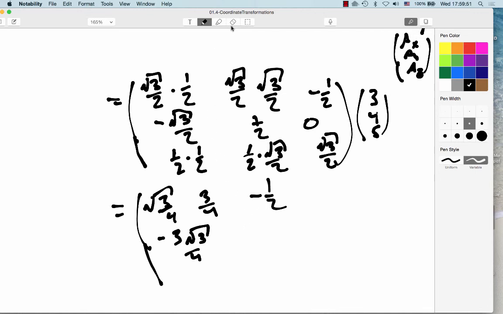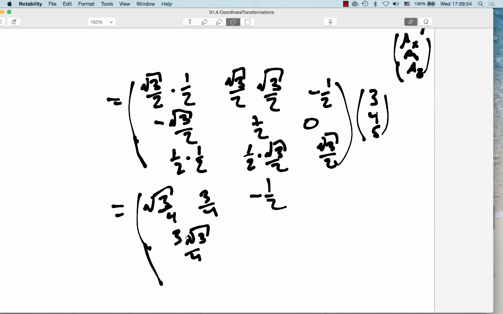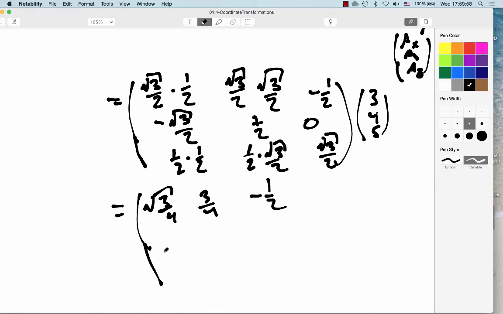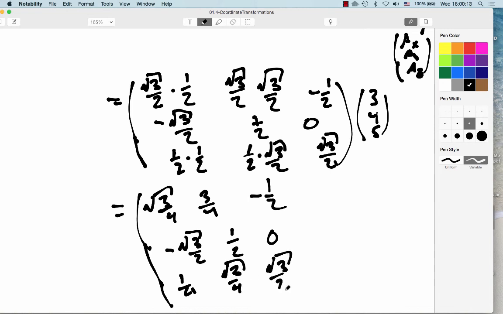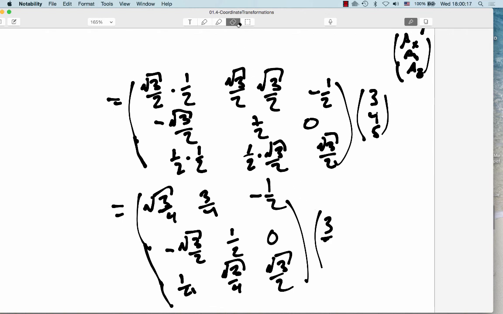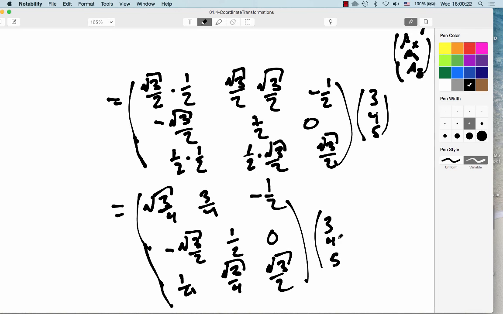Let's try that again: negative root 3 over 2, 1/2, 0, 1/4, root 3 over 4, root 3 over 2, times our 3, 4, 5.